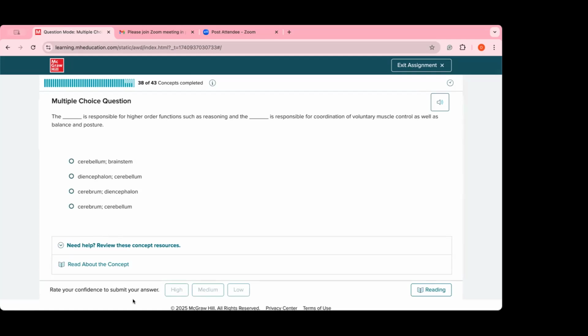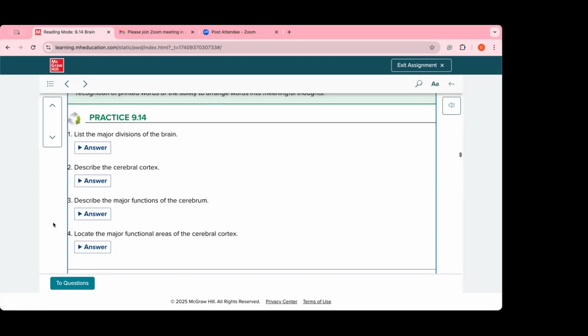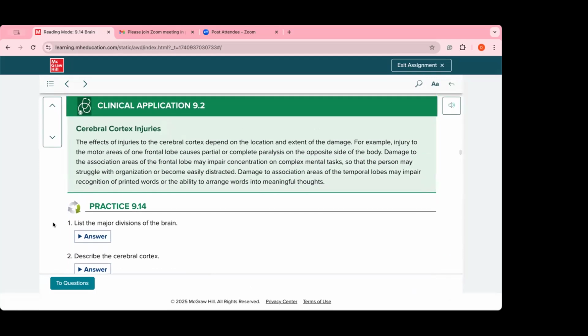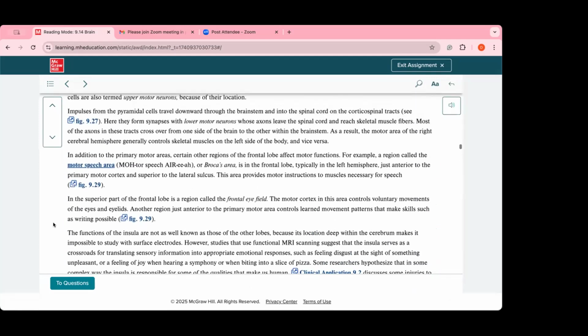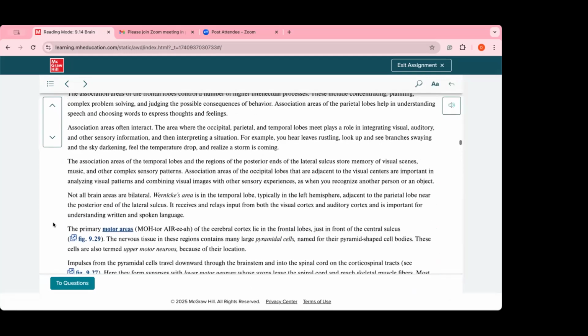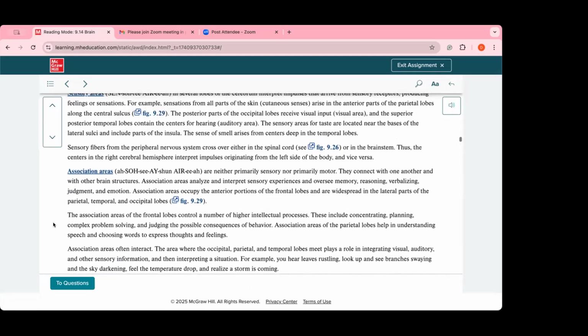We need to read it. Okay, that's hemisphere dominance. That's cerebral cortex injuries. That's motor areas, association areas.